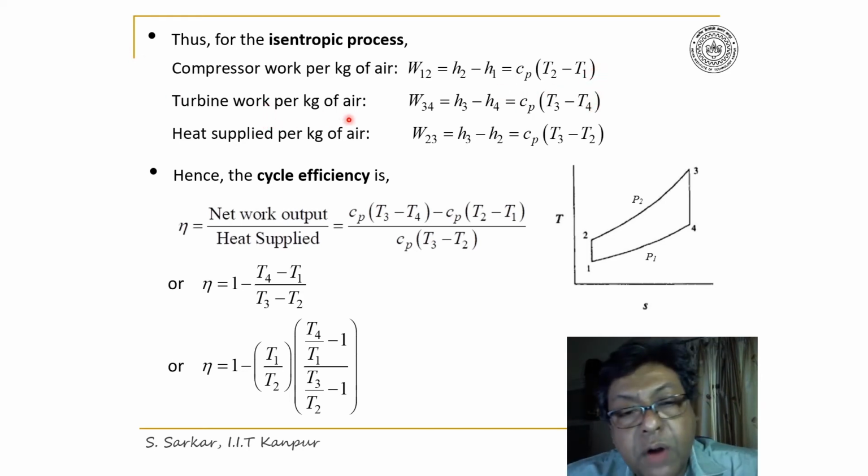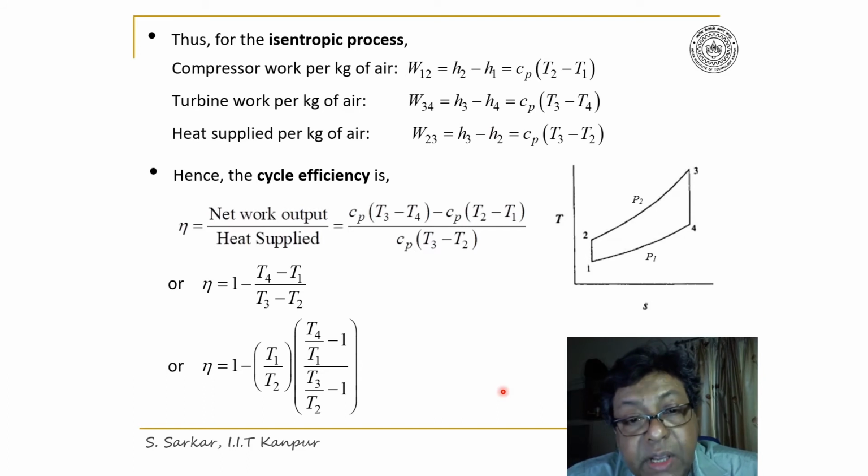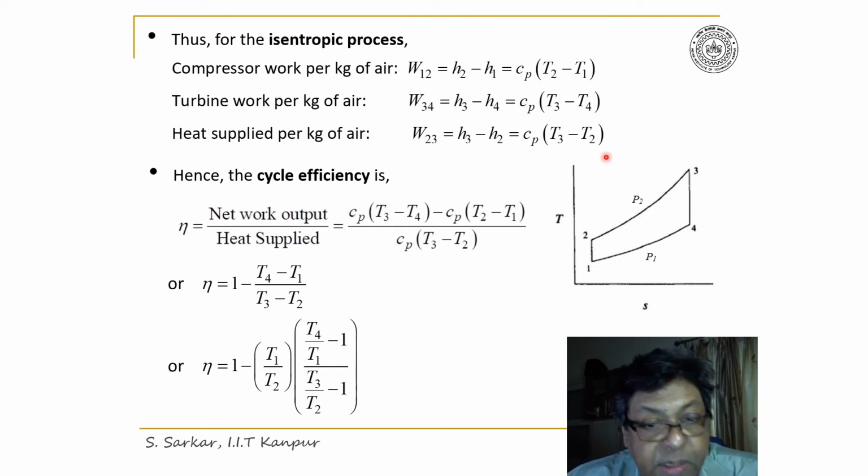Similarly, turbine work per kg of air can be given as H3 minus H4, that will be Cp into (T3 minus T4). Heat supplied per kg of air would be H3 minus H2, that is Cp into (T3 minus T2). Thus, cycle efficiency can be expressed as eta equals net work output divided by heat supplied.